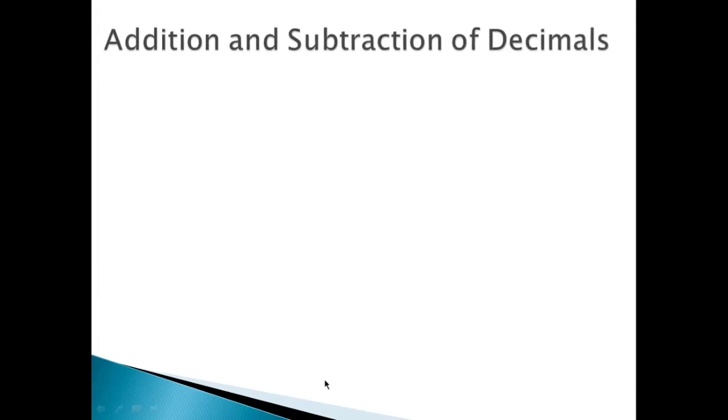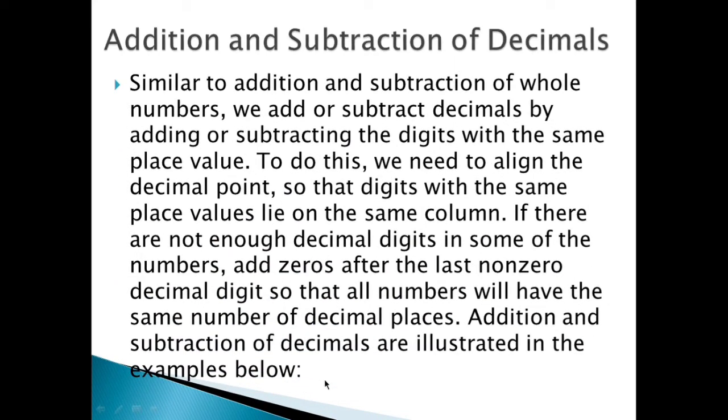Okay, so how to add and subtract decimals. So, addition and subtraction of decimals. Similar to addition and subtraction of whole numbers, we add or subtract decimals by adding or subtracting the digits with the same place value. To do this, we need to align the decimal point so that digits with the same place values lie in the same column.